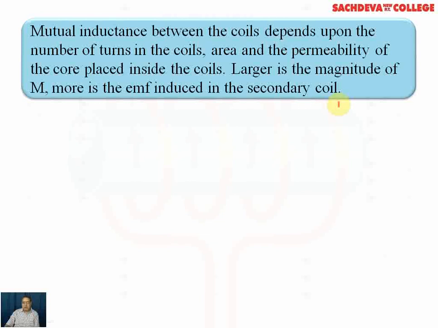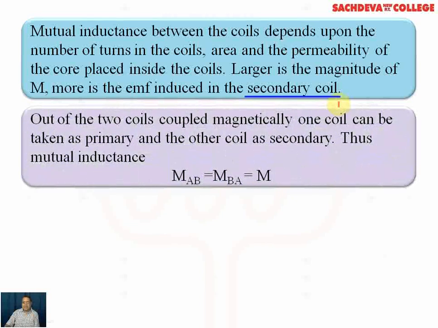The core is made up of soft iron because for soft iron the susceptibility is more. Susceptibility is the property due to which the material gets magnetism easily and loses magnetism easily. So this core is placed inside the coil. Larger the magnitude of M, more is the EMF induced in the secondary coil.